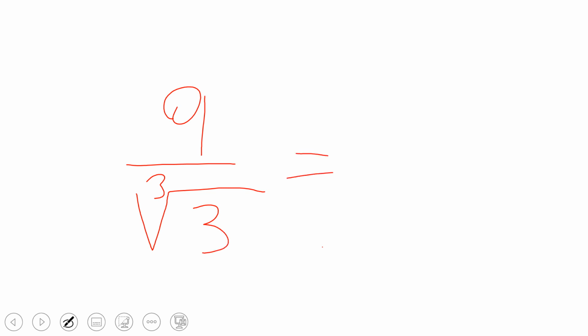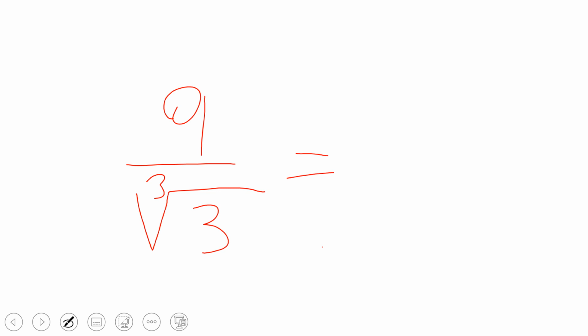Now let's say we had 9 over the cube root of 3. In this problem, we need to get rid of the cube root, and the way to get rid of a cube root is by cubing the number.